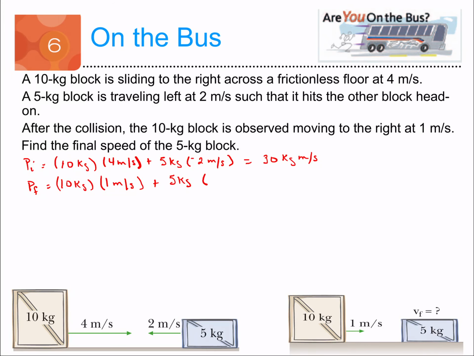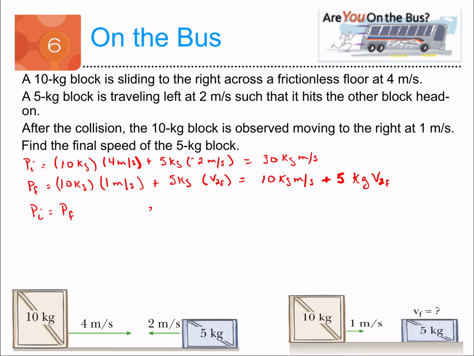We're going to say V2 final because we don't know it, and that's what we're trying to calculate. So we have 10 kilogram meters per second plus 5 kilograms times V2 final. We know conservation tells us that initial momentum is going to equal final momentum.